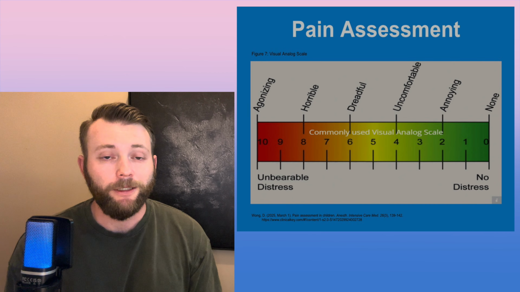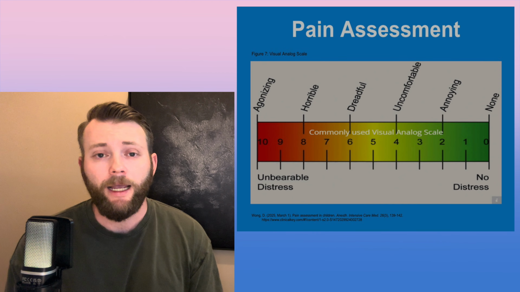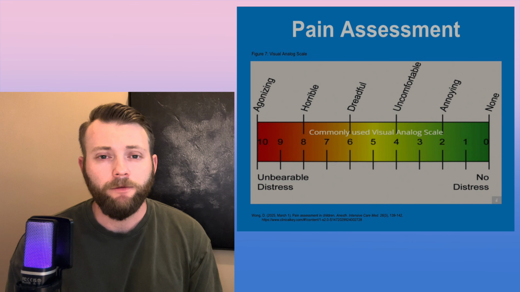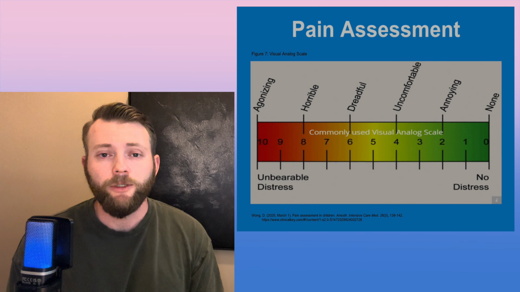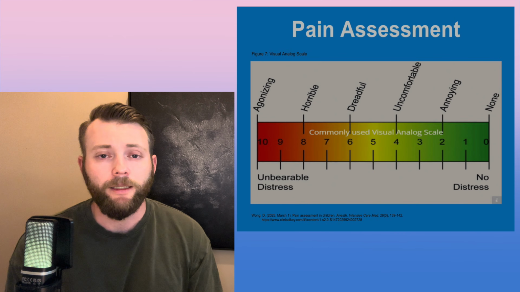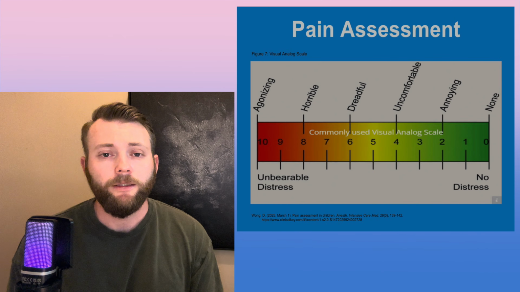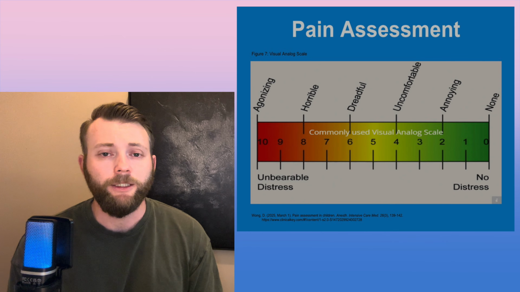But they may be able to look at this and say, yes, this is horrible pain, or understand that this is agonizing pain just by understanding a few common words. It can also be used to help if there is a language barrier between us and the patient, by using descriptive words that may be commonplace or even words that may be the patient's language, to help see where the patient's pain is.